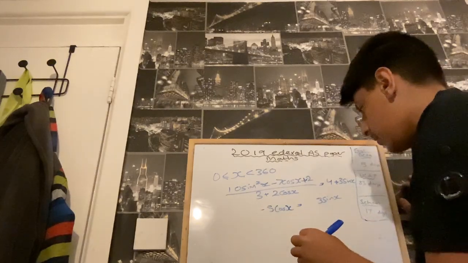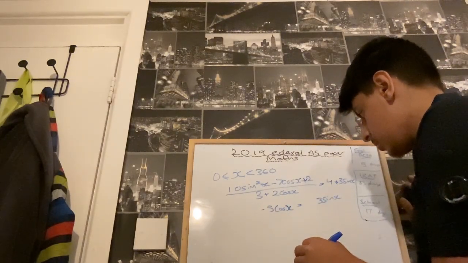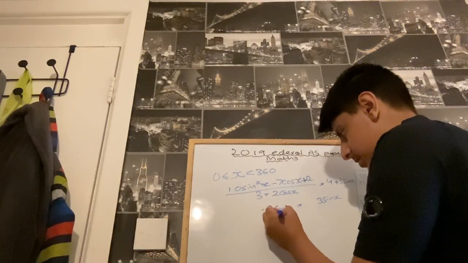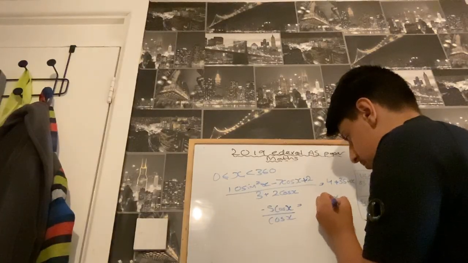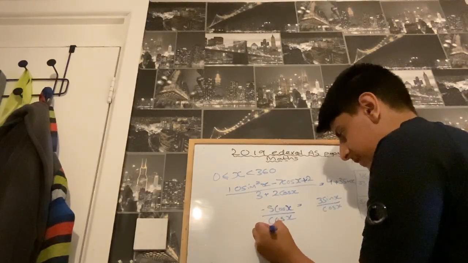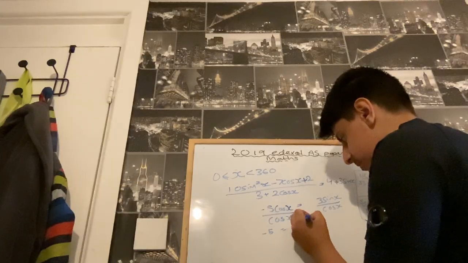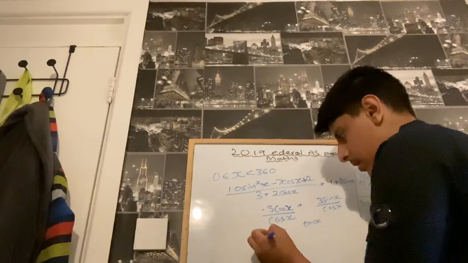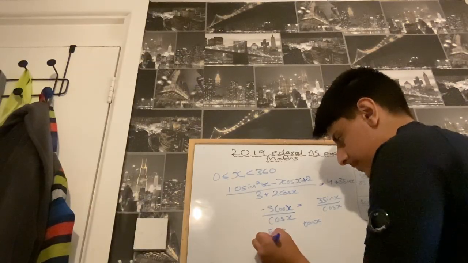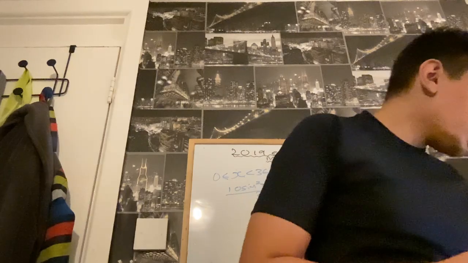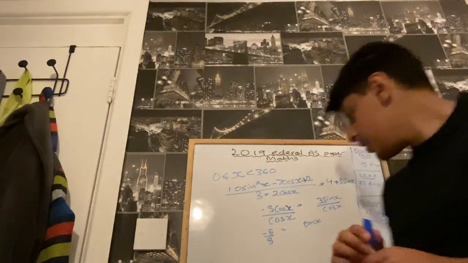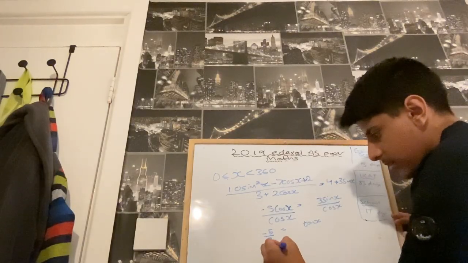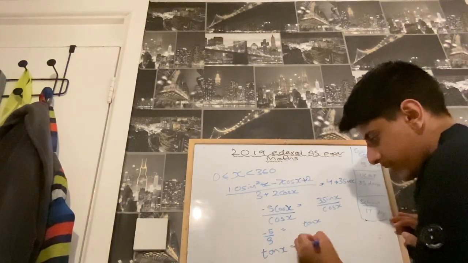Now we divide by cosine x. We get minus 5 equals 3 tan x, and then divide that by 3, and we should get tan x equals minus 5 over 3.